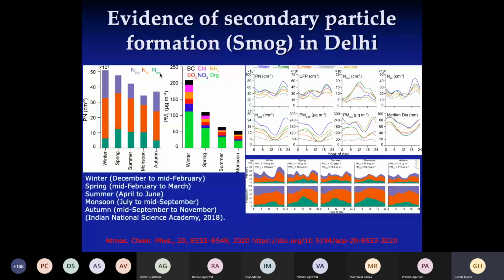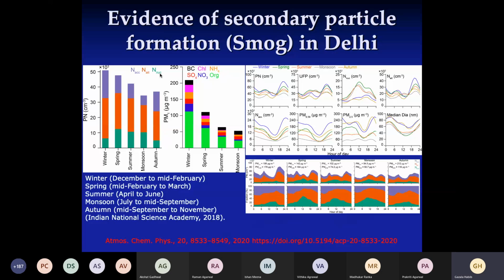You can see that this particle range, which is very small, less than 500 nanometer in size, is a major contributor of total particle number in Delhi. What does this mean?